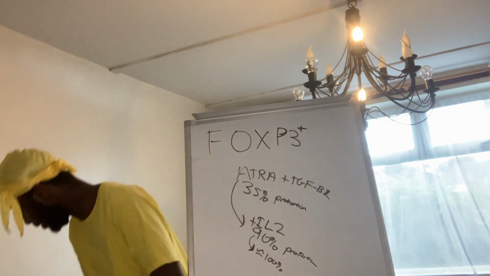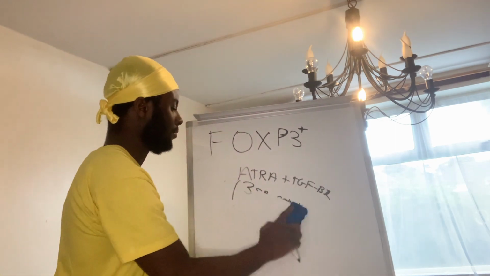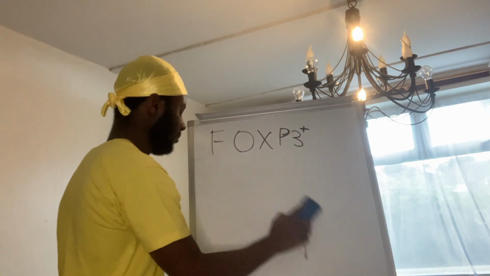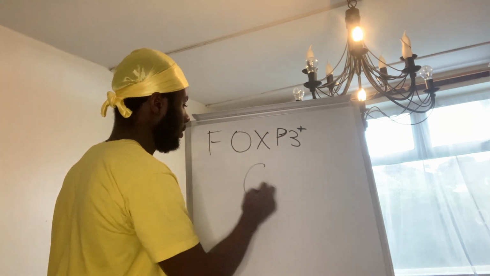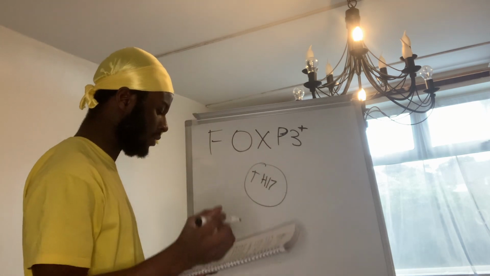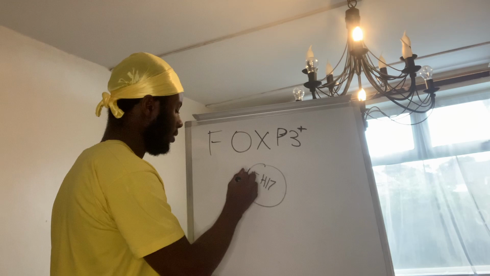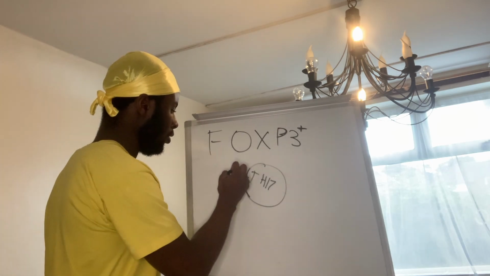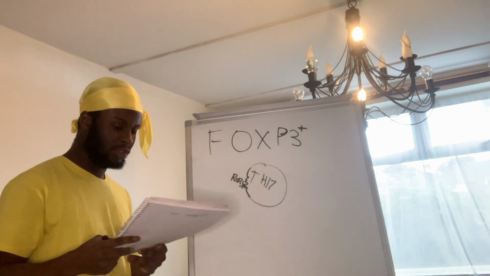What I'm also going to talk about is the retinoic acid receptor. For example, Th17 has a retinoic acid receptor that's called the ROR gamma T receptor.